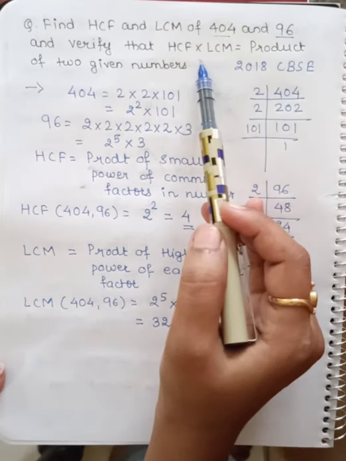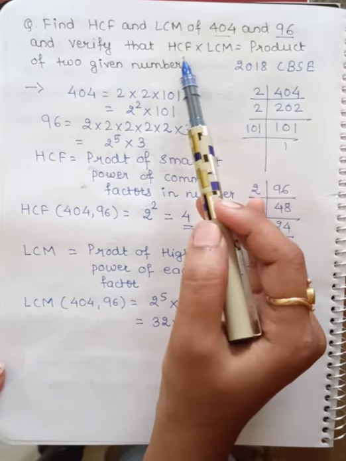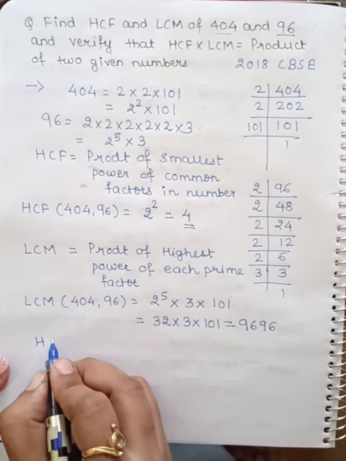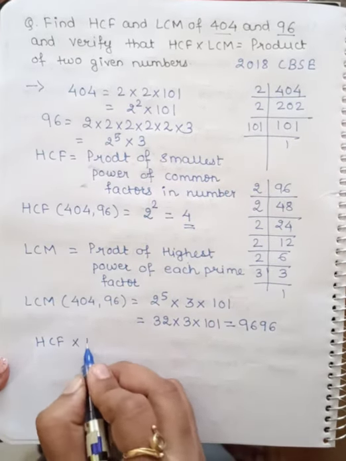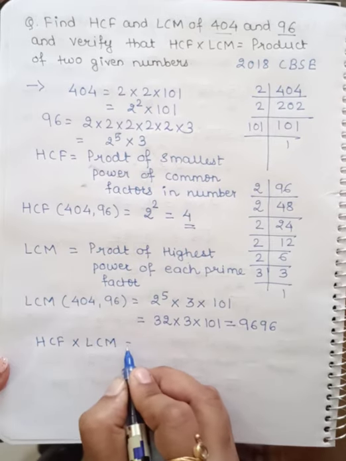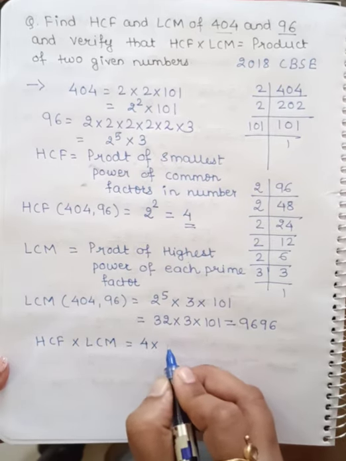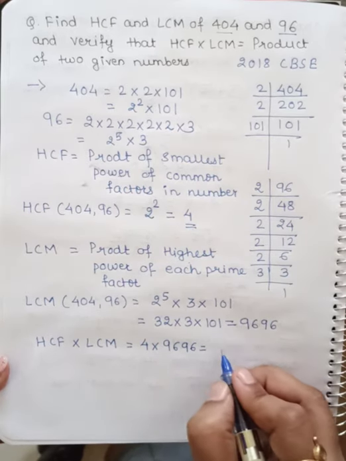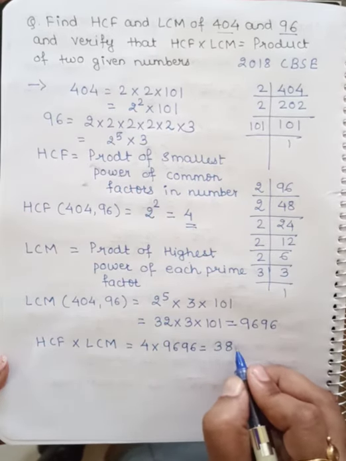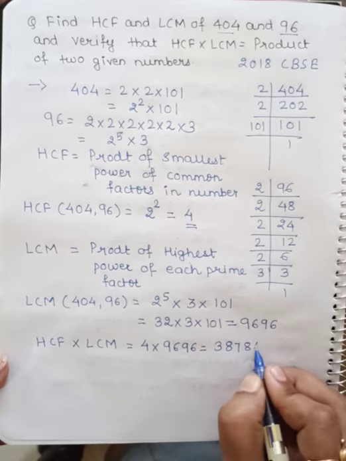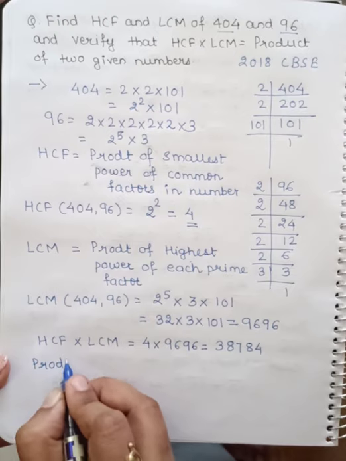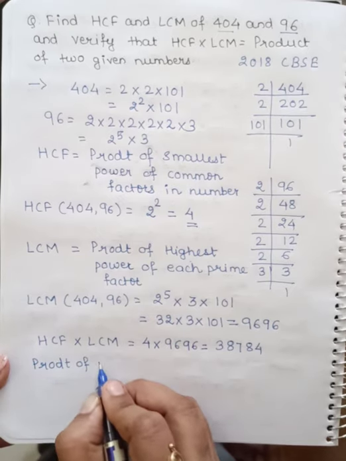Now in the next part of the question they have also asked us to verify HCF into LCM is the product of two numbers. Now let us find the LHS first. HCF into LCM. My HCF is 4 whereas my LCM is 9696. If you multiply them, the multiplication would be 38784. Whereas let us find the product of the two numbers.